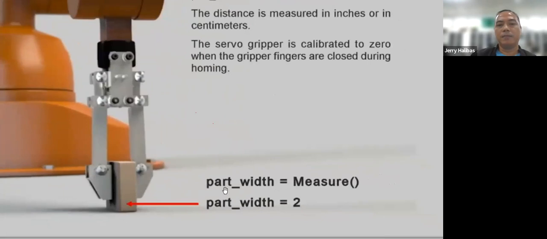So you can assign a variable, let's say part width. Can you use an underscore? You cannot use white space, so use an underscore. In Arduino, the usual practice is to capitalize the next word, so there is no need for the underscore. Then you put equals measure.